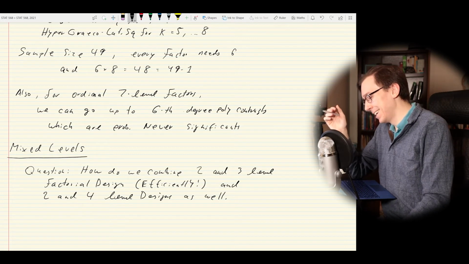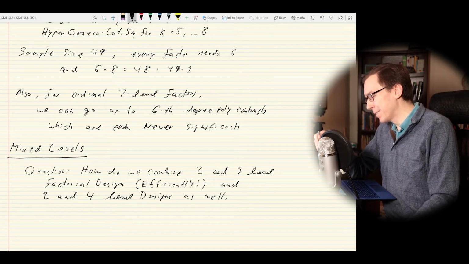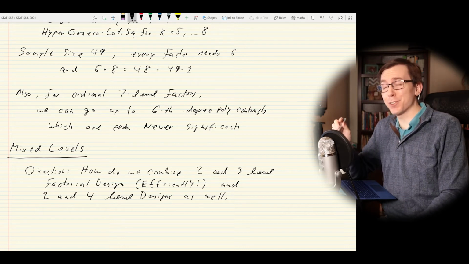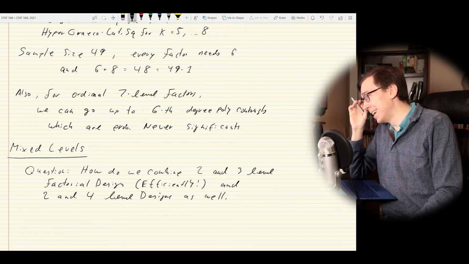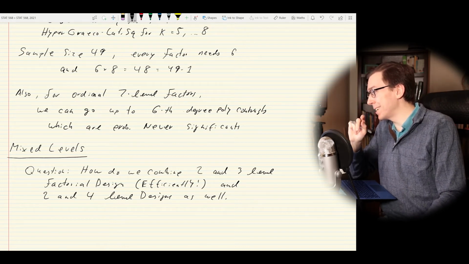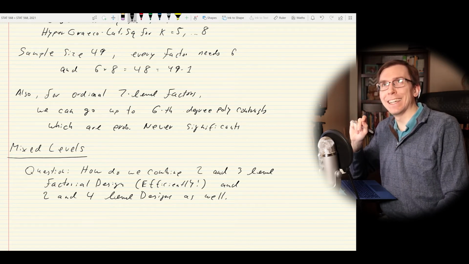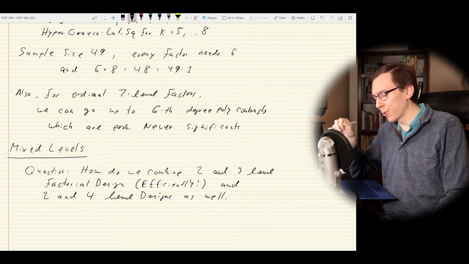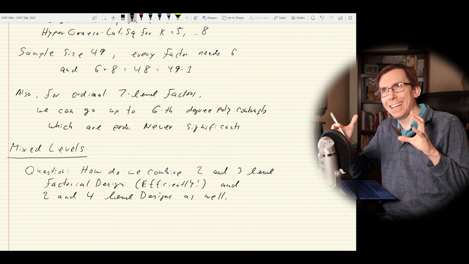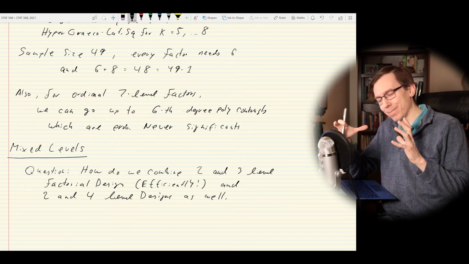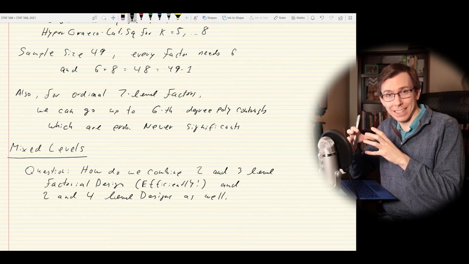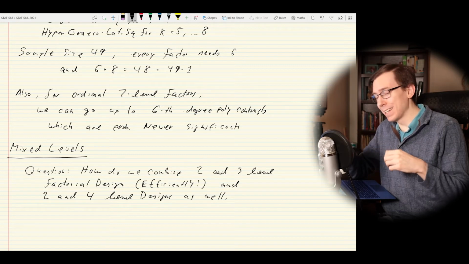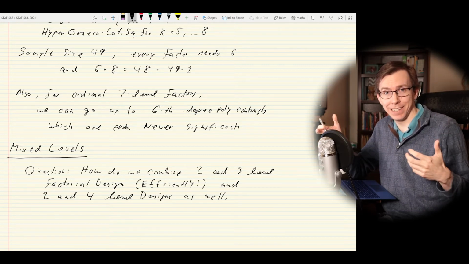But you could very well have mixed 2 and 3 level factors. You can sometimes have mixed 2 and 4 level factors, and the 4 level factors are actually quite confusing. But the nice thing about a 2 and a 4 level factor is that you can carefully condense them together in order to not have a massive sample size.